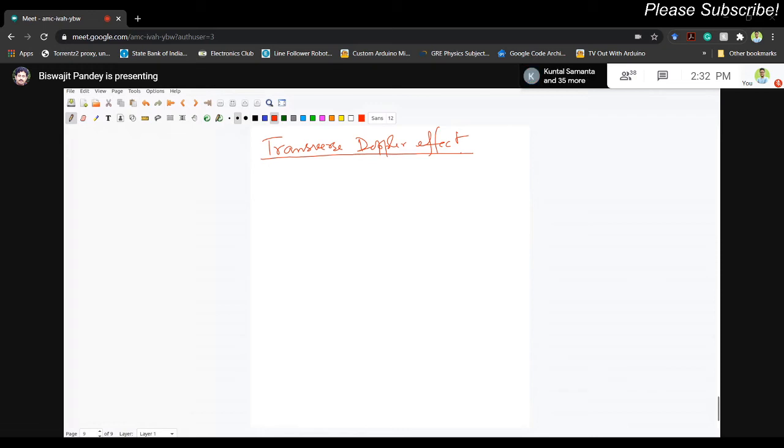But now the question is, suppose the source frame and the observer frame are moving in orthogonal directions. Suppose this is x, this is x prime, this is y prime, this is y, this is z, this is z prime.